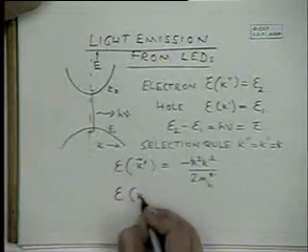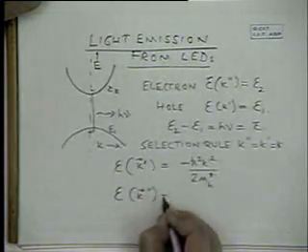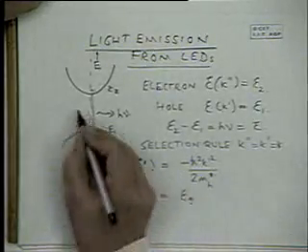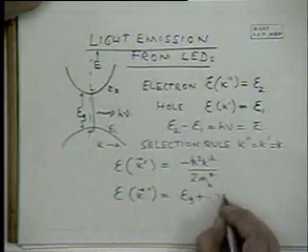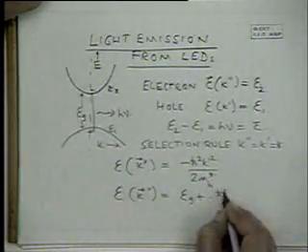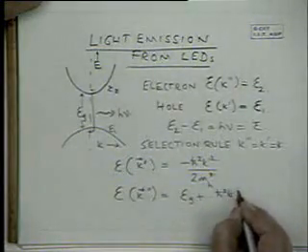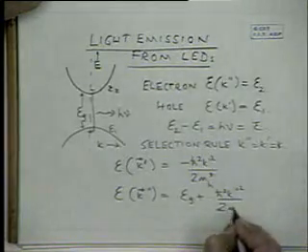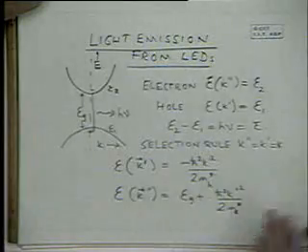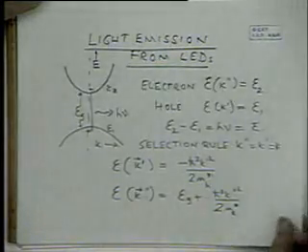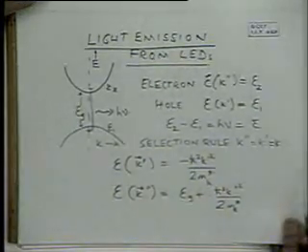E of k double dash for the electron is Eg plus h squared k double dash squared over twice me star, and as we know, me star is usually much less than mh star.